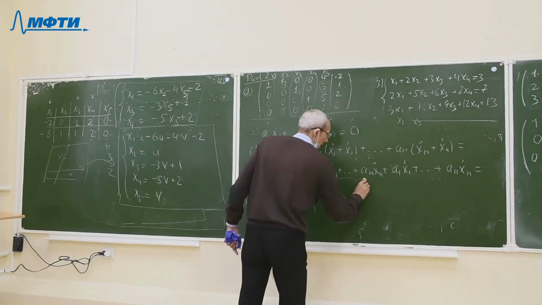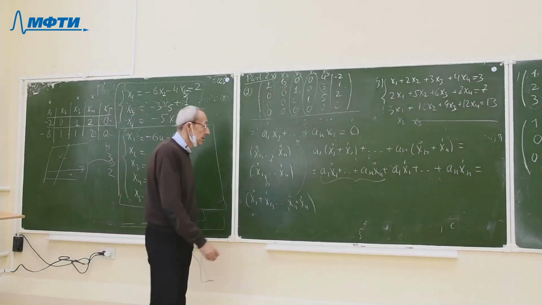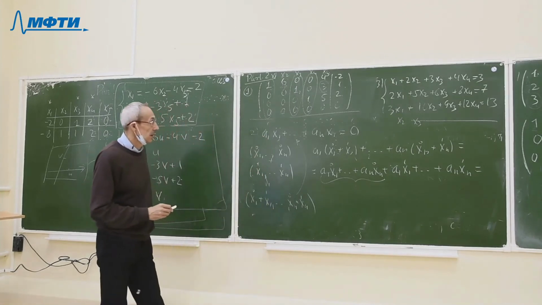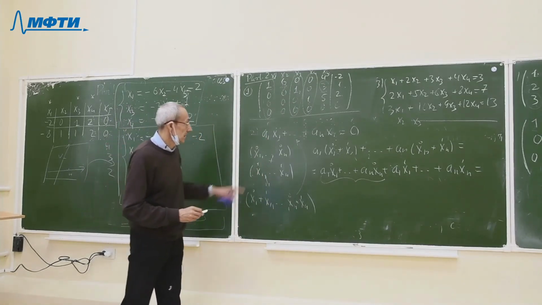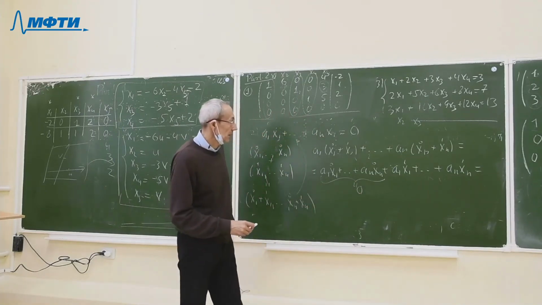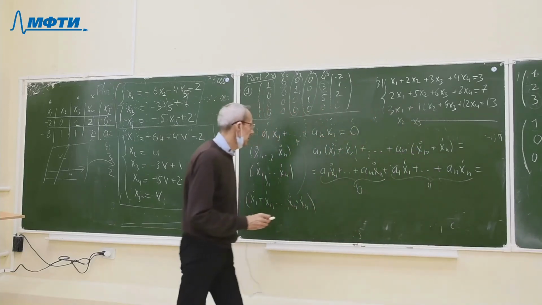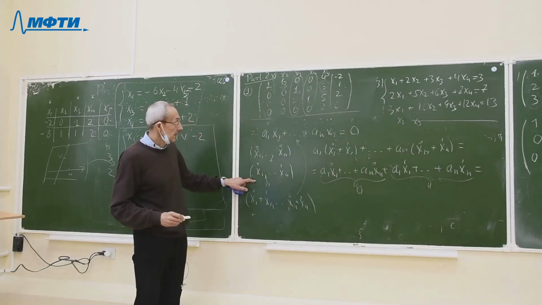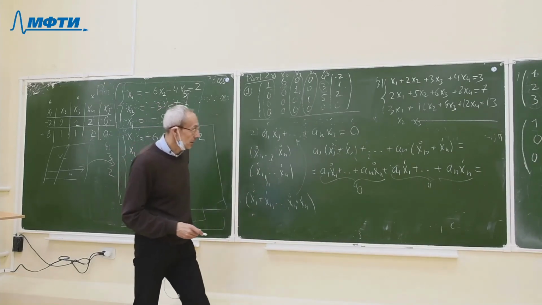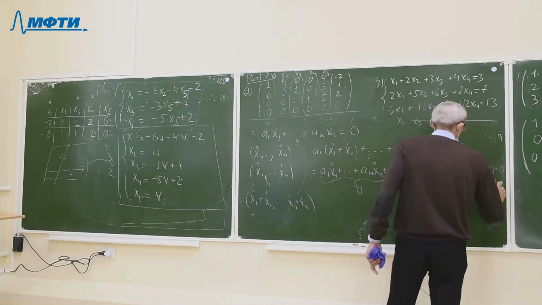This expression is equal to 0 because the n-tuple x1^0 ... xn^0 is a solution of this equation. Then the sum is equal to 0. The second sum is also equal to 0 because the second n-tuple x1^1 ... xn^1 is also a solution. And we obtain that 0 plus 0 is equal to 0.